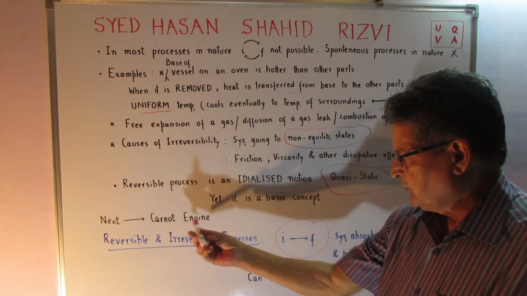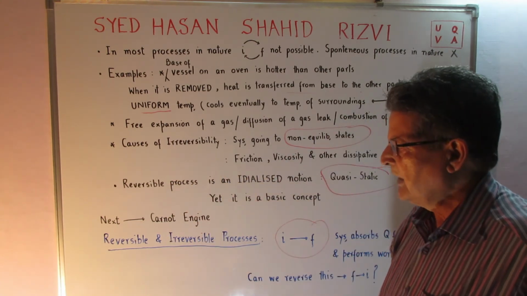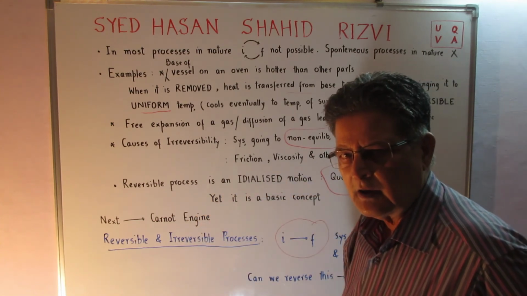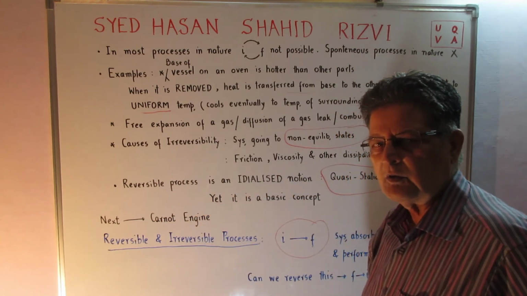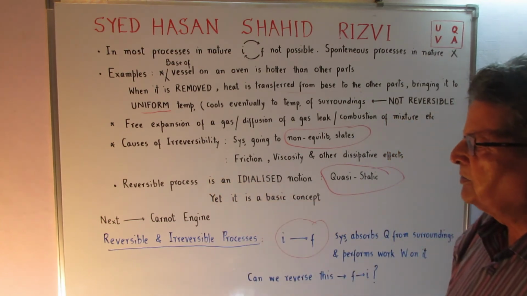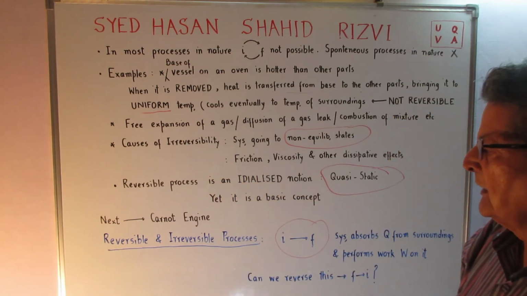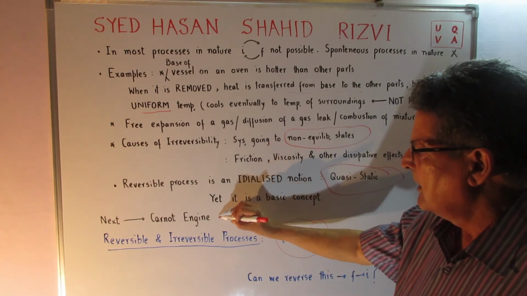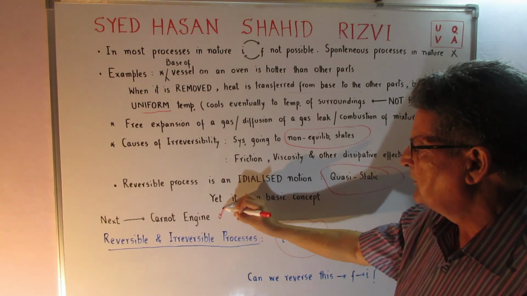The next lecture is going to be about the Carnot engine, the Carnot cycle and the efficiency, etc. We'll see that in the Carnot engine, the efficiency eta cannot be equal to 1. It has to be less than 1, and there is a calculation of the efficiency.